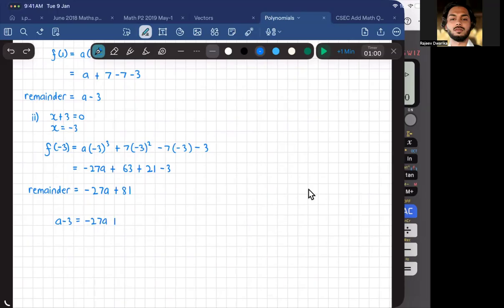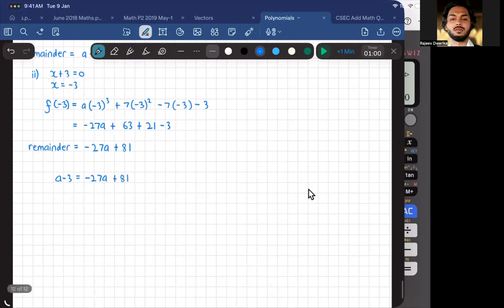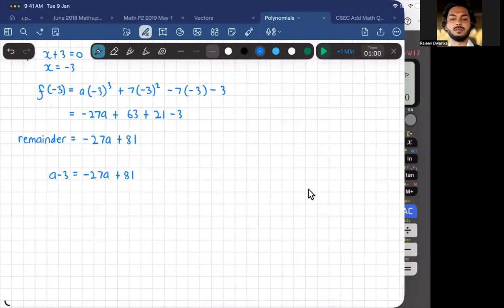What do I want to find for? a? Yes, a is the only unknown here. So I want all the a terms on the left-hand side and all the numbers on the right-hand side. So what shouldn't be on the left-hand side here? The negative 3. Right. So we had to move our negative 3 across.